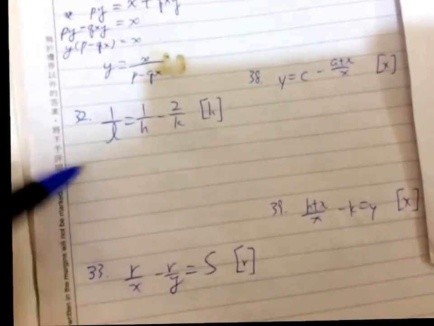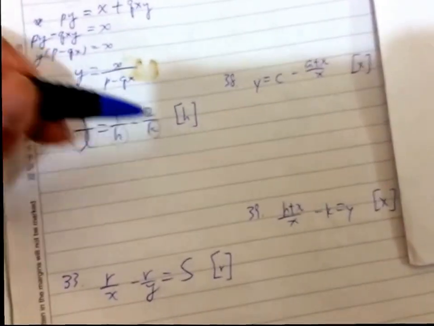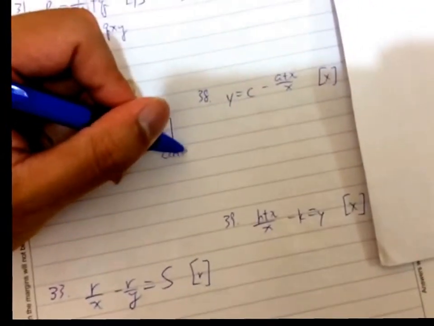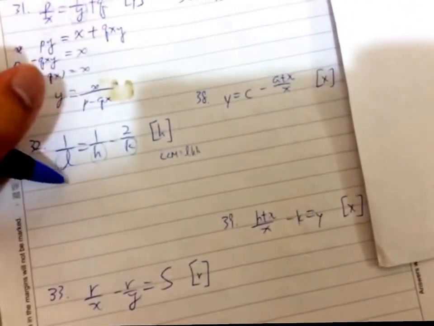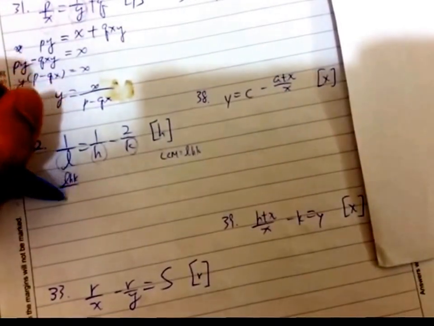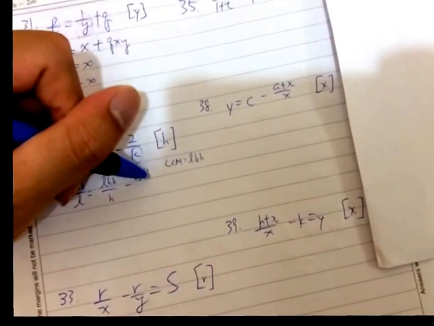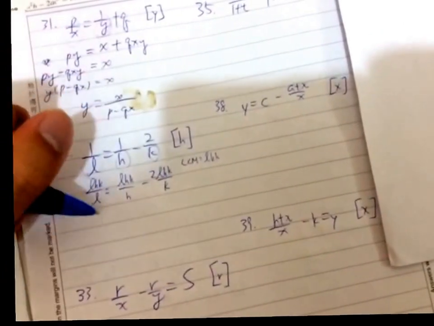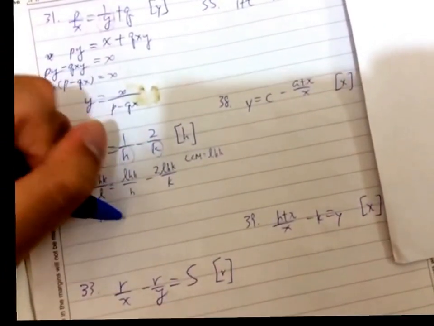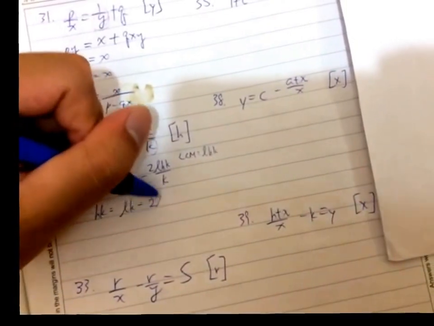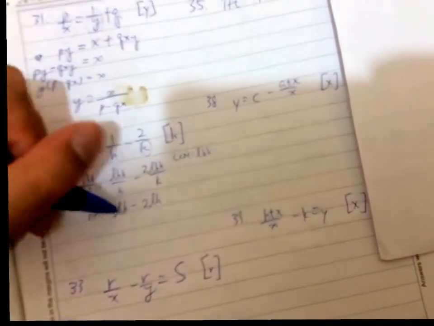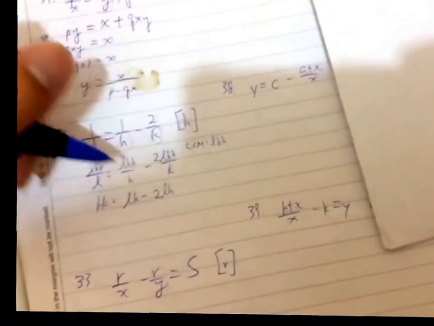Number 32. LHK is the LCM. So I multiply every term by LHK. You can skip these steps. So k is in these two terms, and this has no k.